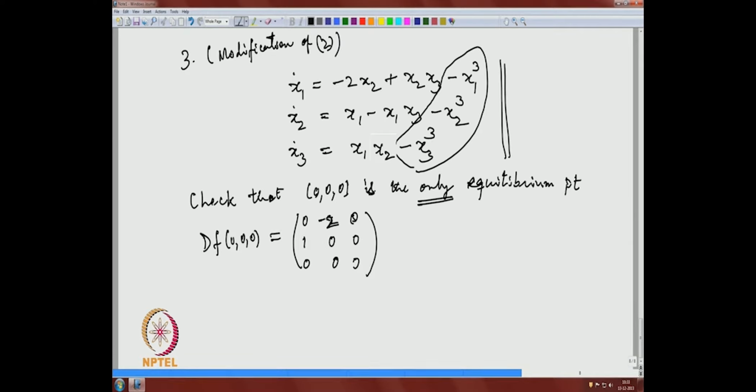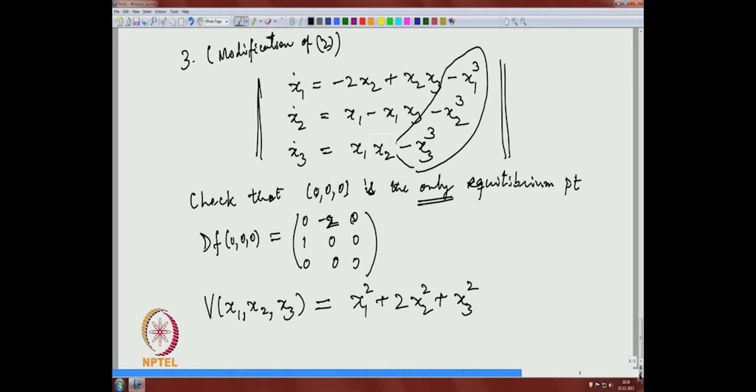So, again let us start from the previous example. Let us consider this, which has helped us in the previous example. So, again x1 square plus 2 x2 square plus x3 square. So, it is a positive definite function, and now let us compute grad v dot f with respect to this system.